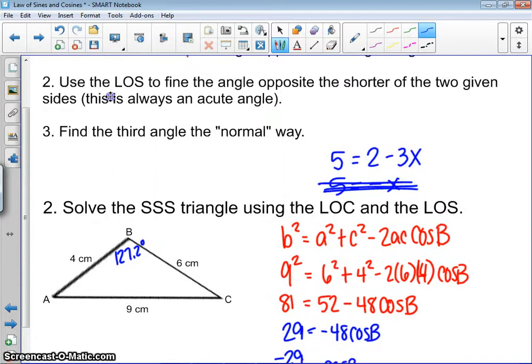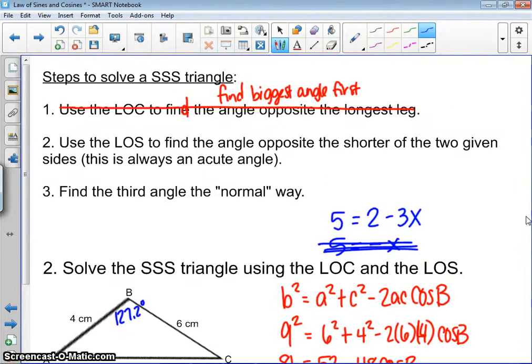Now my second step is to find the smallest angle second. We found the biggest angle first. Now you need to find the smallest angle second.